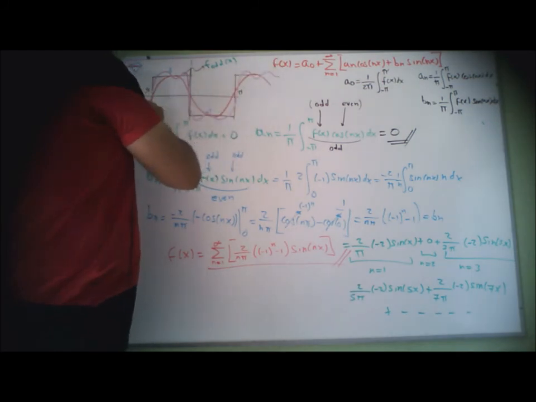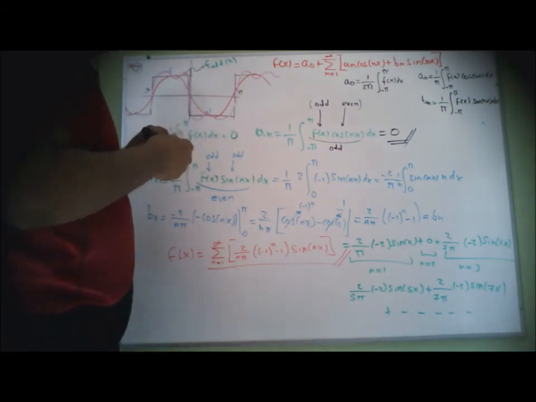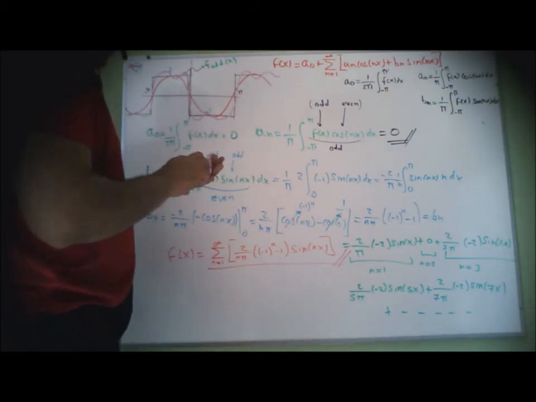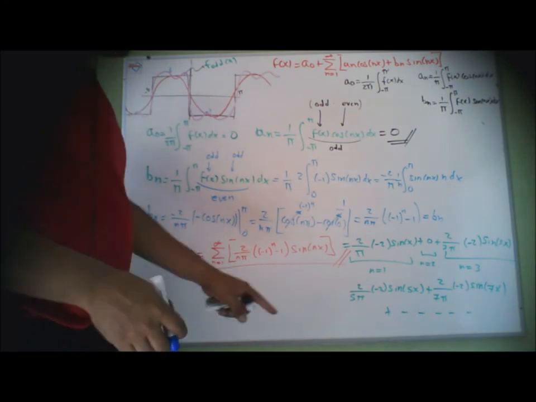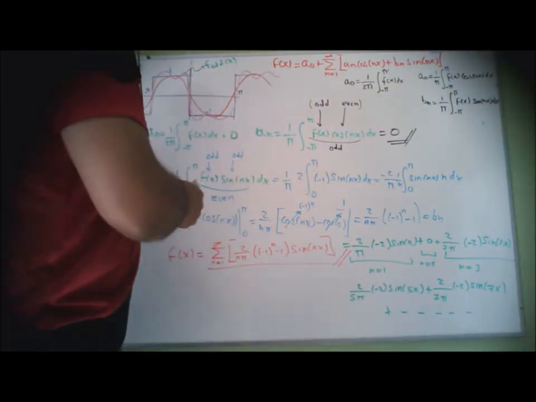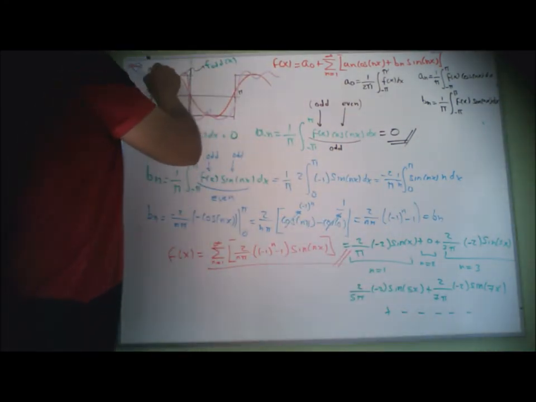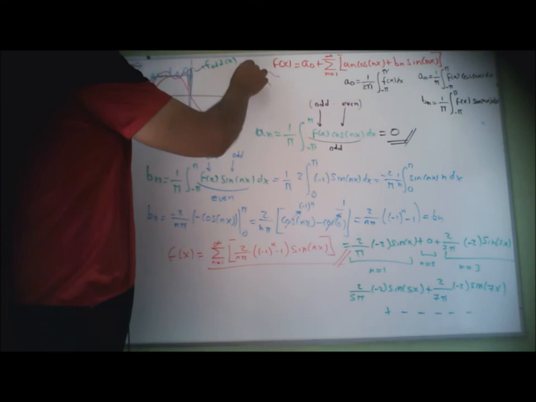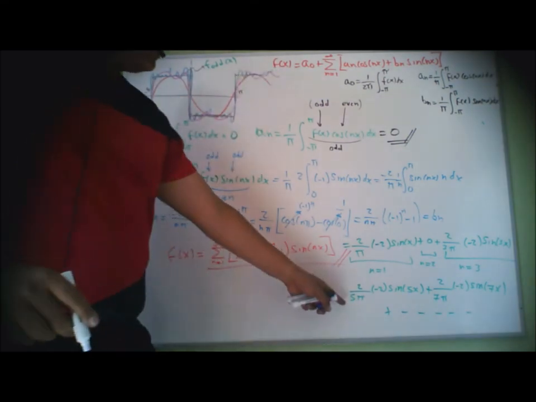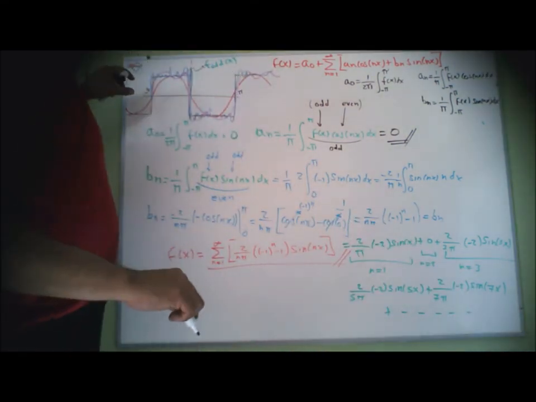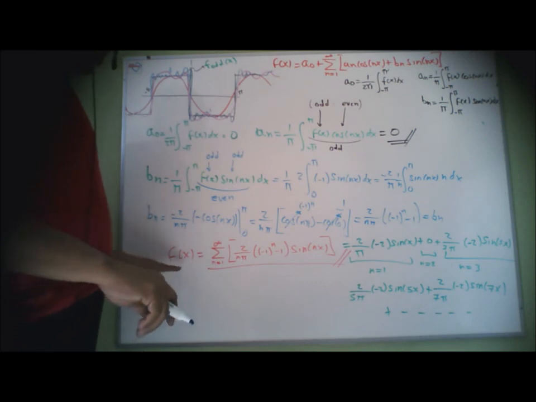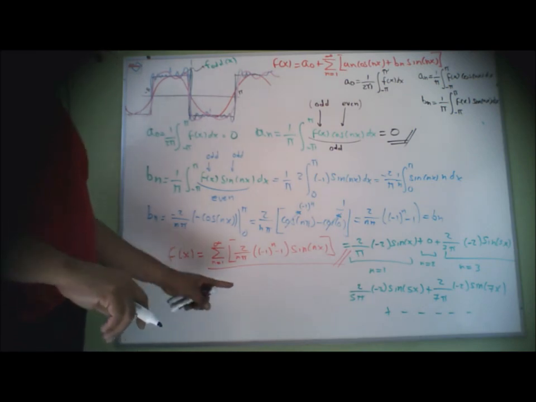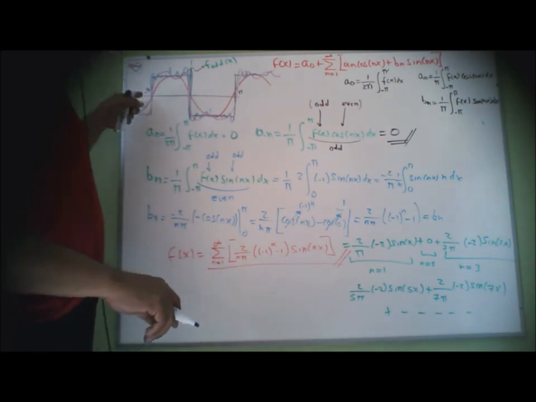So it's going to be closer to the periodic function. Now, with n equal to 7 or 8 it is going to be something like this. So with more coefficients, the more convergence between the Fourier series and the periodic function.